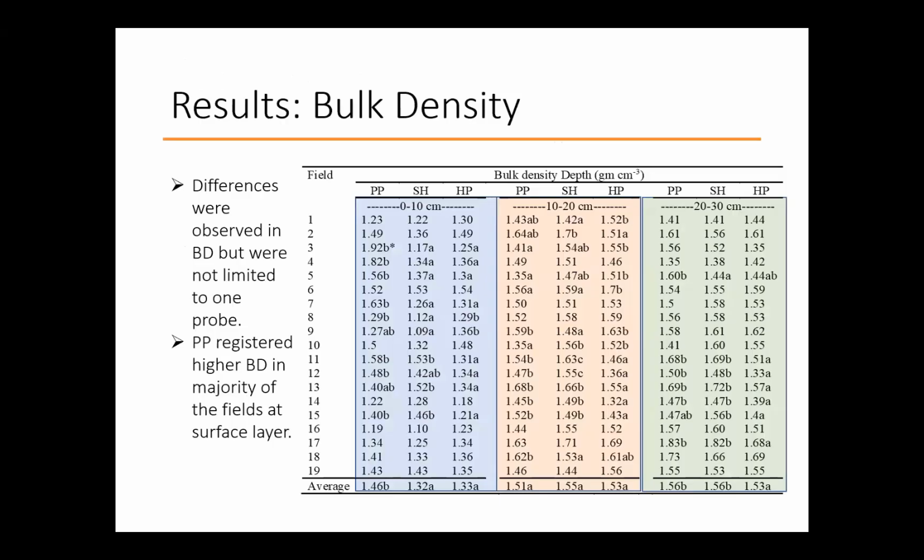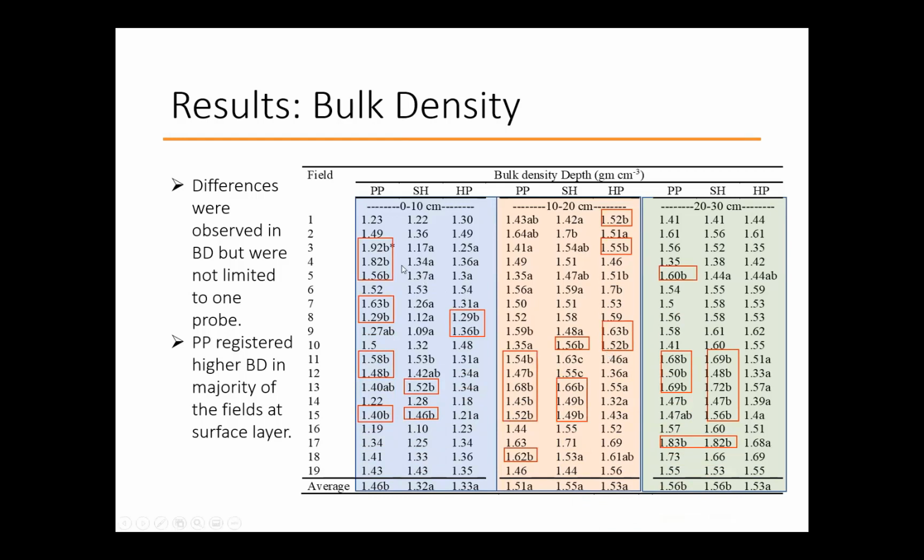Now, just looking at some of the results. This is the bulk density for 0 to 10, 10 to 20, and 20 to 30 centimeters for 19 fields that we sampled. We do see some significant differences, but when we look at them closely, we don't see much consistency.